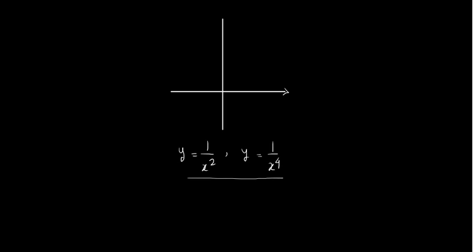If this is the x-axis, origin, and y-axis, then these two represent y equal to x to the power minus 2, that is y equal to 1 by x square.